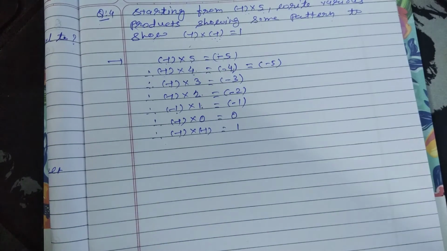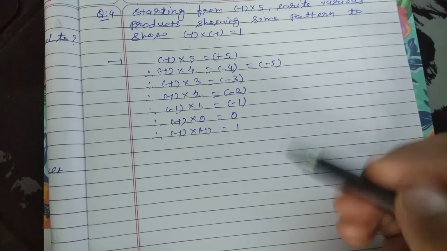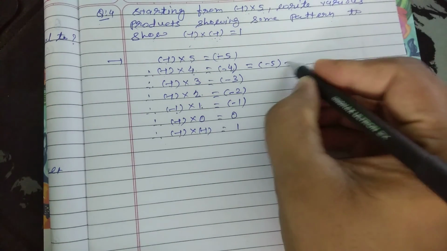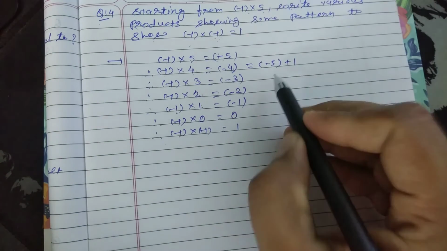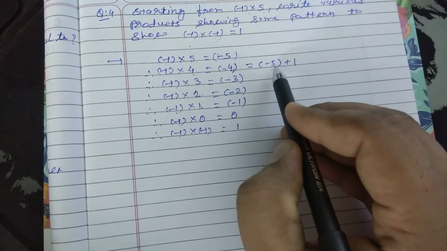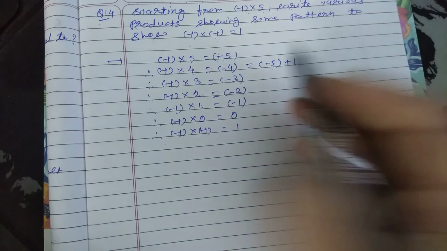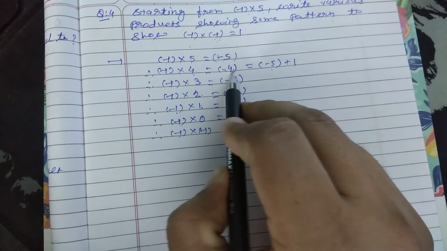What do we have to add or subtract to get minus 4? When we add plus 1, minus 5 plus 1 is minus 4.